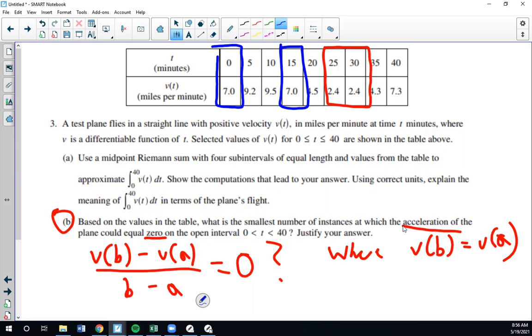So somewhere between 0 and 15 by the mean value theorem, I also need to have a place where acceleration is 0. So at least 2 places. Somewhere between 0 and 15 it has to happen, and somewhere between 25 and 30 it has to happen. All right, so that's another form of how the mean value theorem gets asked. Questions on that?